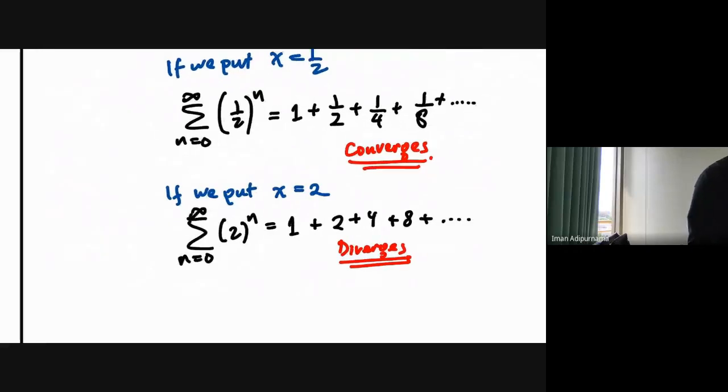So because some x will converge and some x will diverge, we need to have a more general form of the power series.